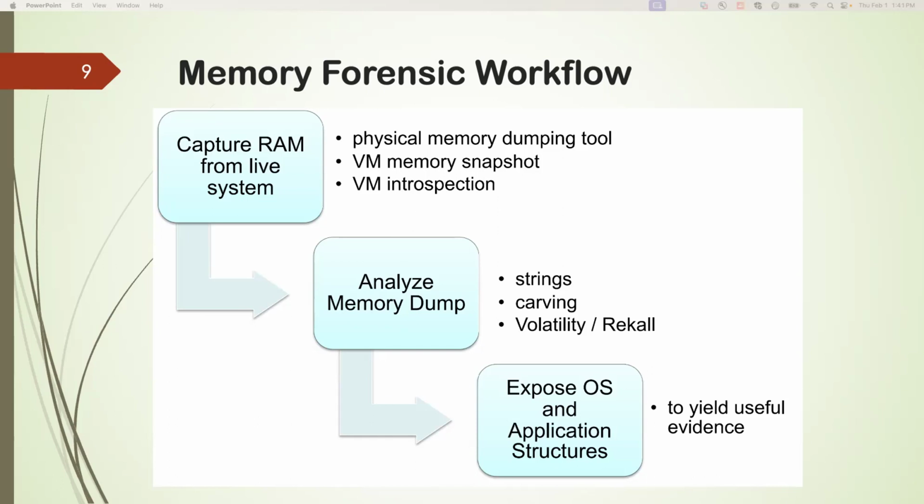So with the help of these tools, our goal is to expose the operating system and application structures. Everything inside the RAM is in the form of a data structure. All the applications that you run have a specific data structure which is called e-process. Your Microsoft Word, Google Chrome, everything is in the form of an e-process data structure in RAM.